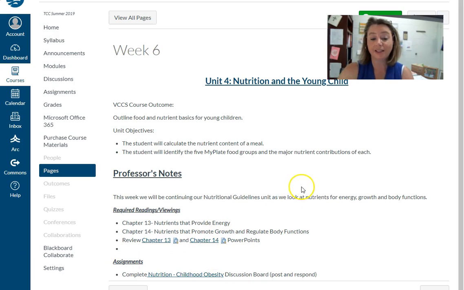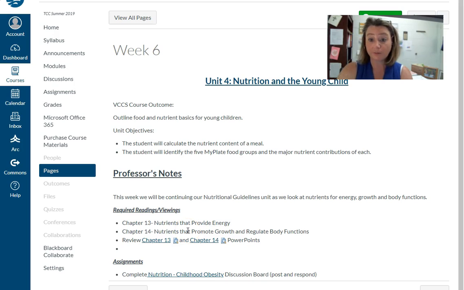So again, looking at nutrition in the young child, finding out what nutrients are necessary for growth and development, looking at the different food groups because we have to make sure that children are having a well-balanced diet. So this week you're looking at chapters 13 and 14.